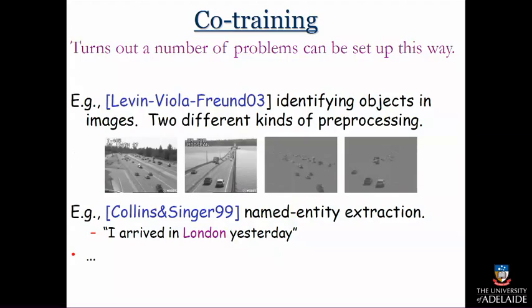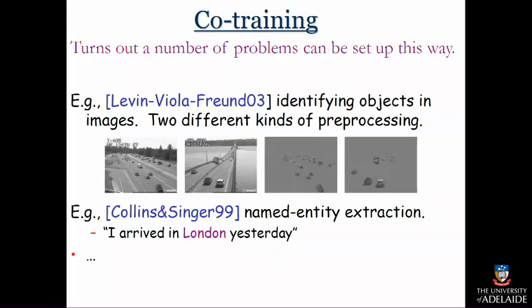In computer vision, actually, after the original co-training paper was applied to text analysis, later this idea was applied to some computer vision problems.